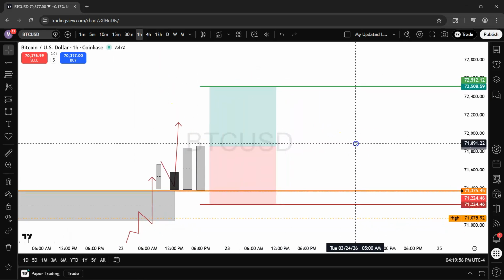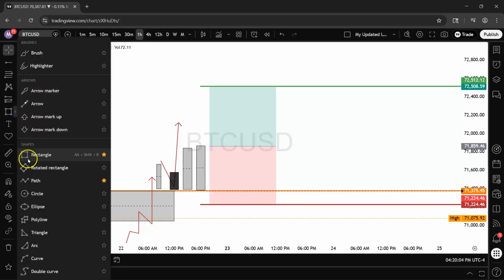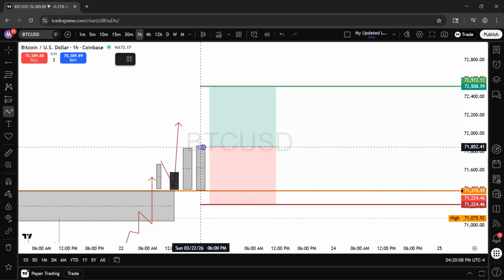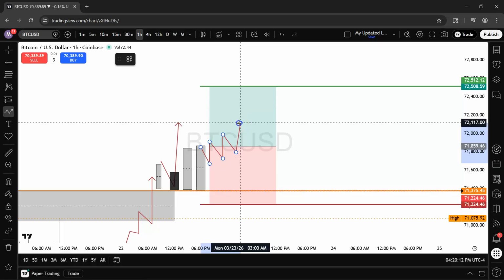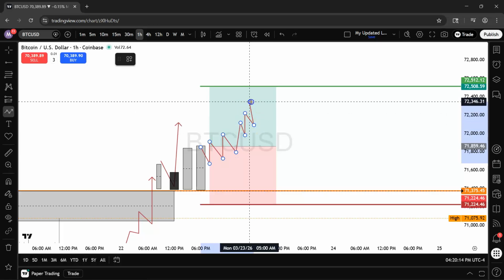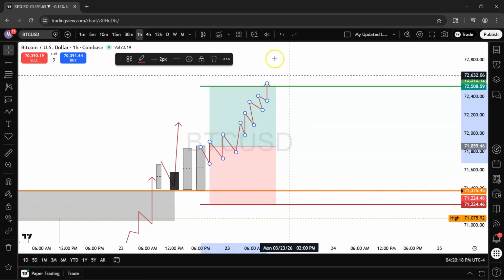And then I'm just going to wait to see, with time, of course, what the market's going to do. Okay, this is my scenario. Will it pan out this way and hit my take profit?